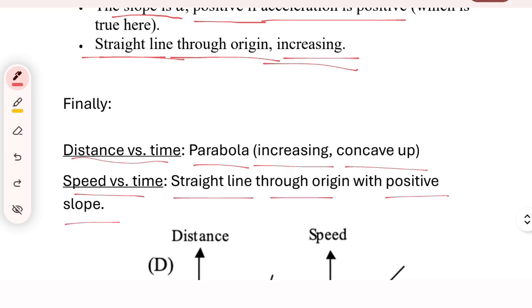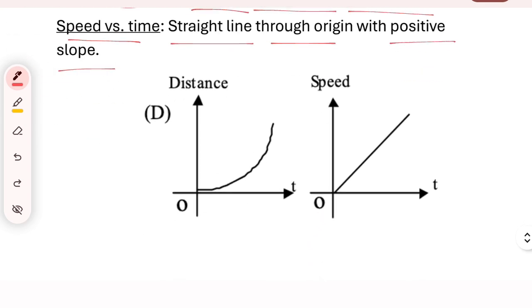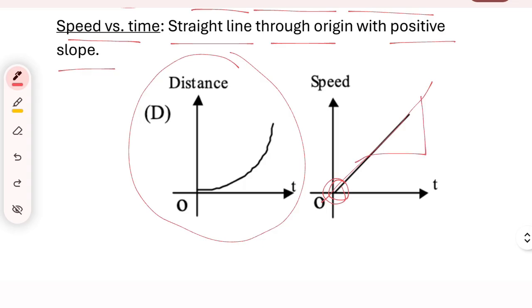Here's option D. It indeed fits the distance: it's a concave up parabola. The speed is also a straight line, it passes through the origin, and the slope is indeed positive. Therefore, the answer is option D.